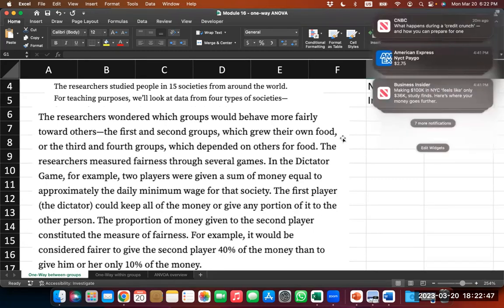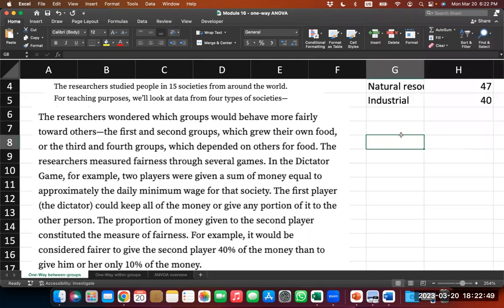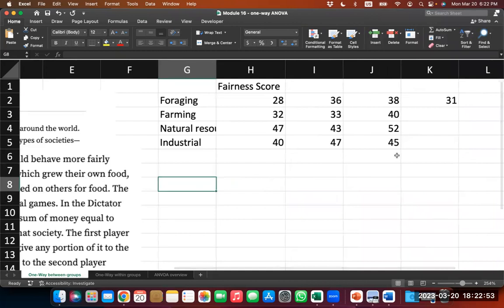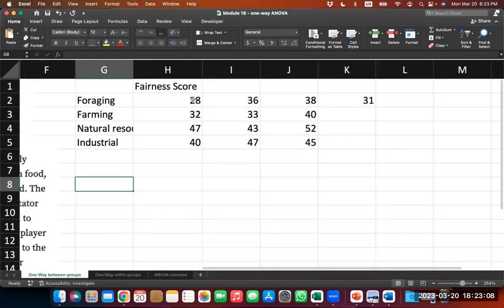So we have here the estimates of these fairness scores for four different societies. We see a little bit of a trend towards more fairness in industrial countries, a notion which may be debated, but nevertheless we see a little bit of a trend towards one group favoring over the other.